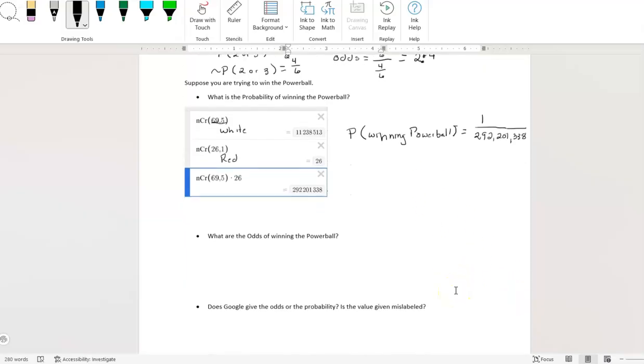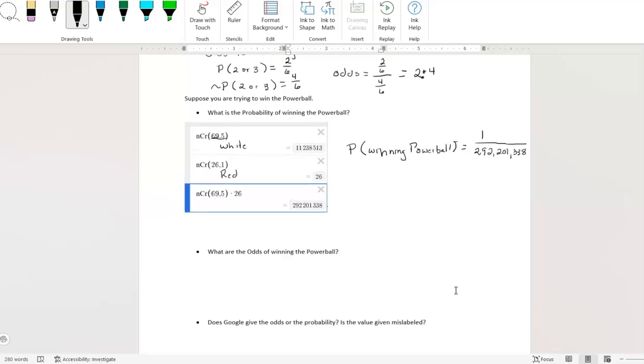So now we want to know the odds. We need to know the probability of winning, which is 1 out of this, versus the probability of not winning. If you notice what we're doing up here, we have 2 over 6 divided by 4 over 6, where we just have the numerator of the probability that it happens versus the numerator of the probability that it doesn't happen.